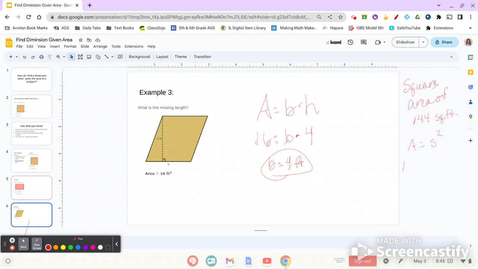If the area is 144, and I'm looking for what number times itself equals 144, we almost just have to use guess and check, and that one's kind of common knowledge, that the side length would have to equal 12 in order for that to be true. So squares are kind of weird. They only have to give us the area, and we should be able to figure out the side length from there.